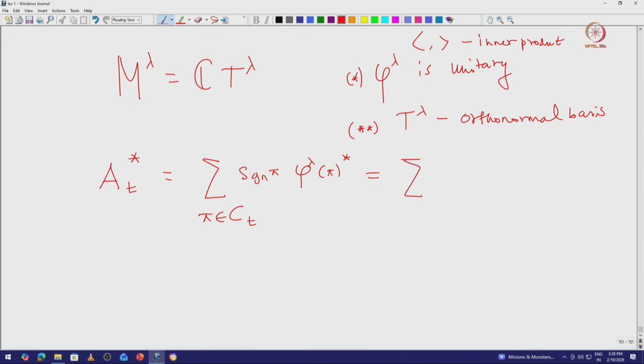So this is going to give us exactly the sum of sign of pi, phi lambda of pi, where pi comes from C T. That means this is exactly equal to A T. So A T star is the same as A T, so A T is indeed self adjoint.